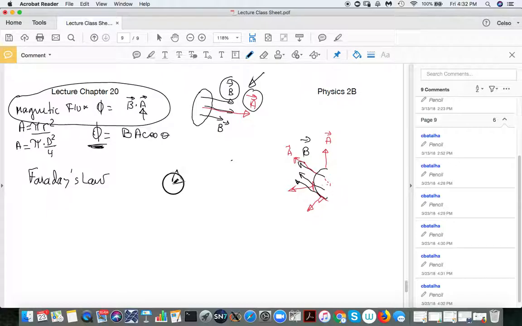If this magnetic flux is changing over time, then the negative of that change is equal to some electromotive force that arises in the loop itself.